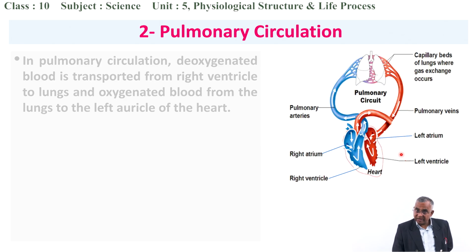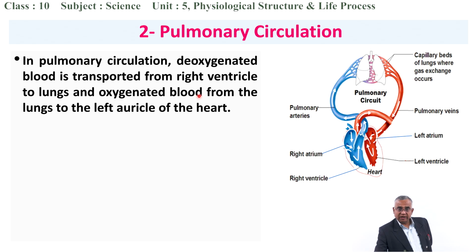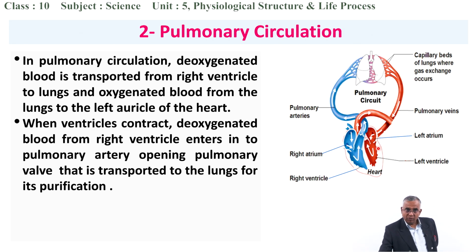And what is its mechanism? That can be understood. In pulmonary circulation, deoxygenated blood is transported from the right ventricle to the lungs and oxygenated blood from the lungs to the heart. I elaborated a little the first sentence used before. And here is the main mechanism. When ventricles contract, deoxygenated blood from the right auricle passes into the lungs.